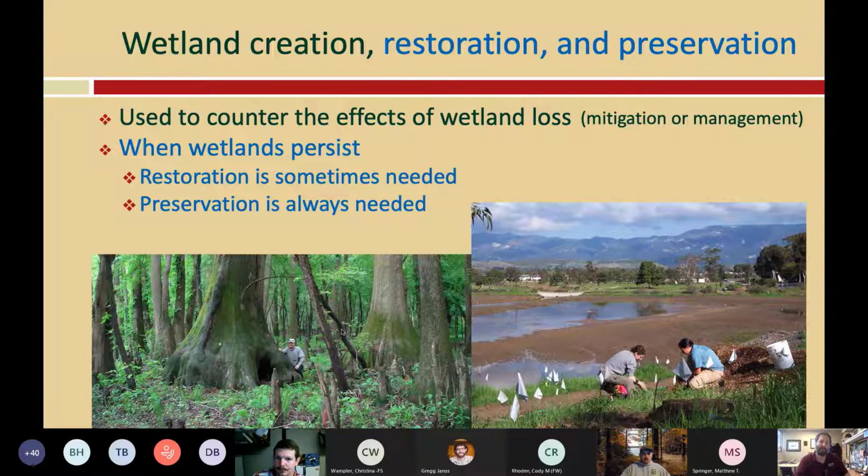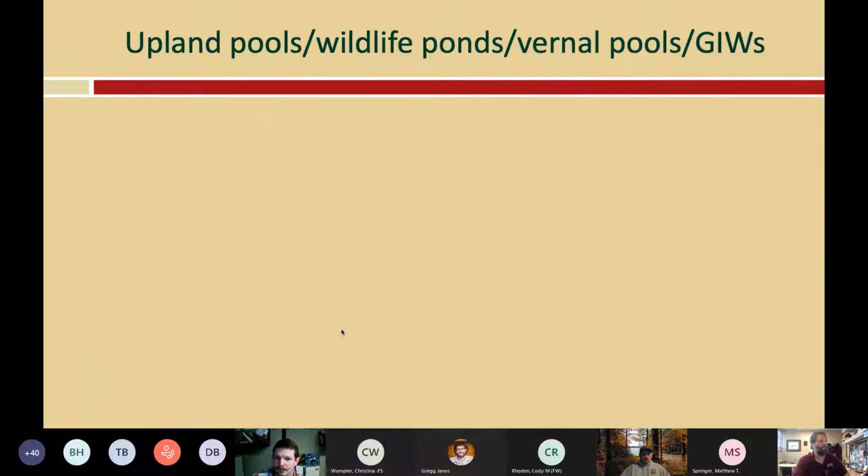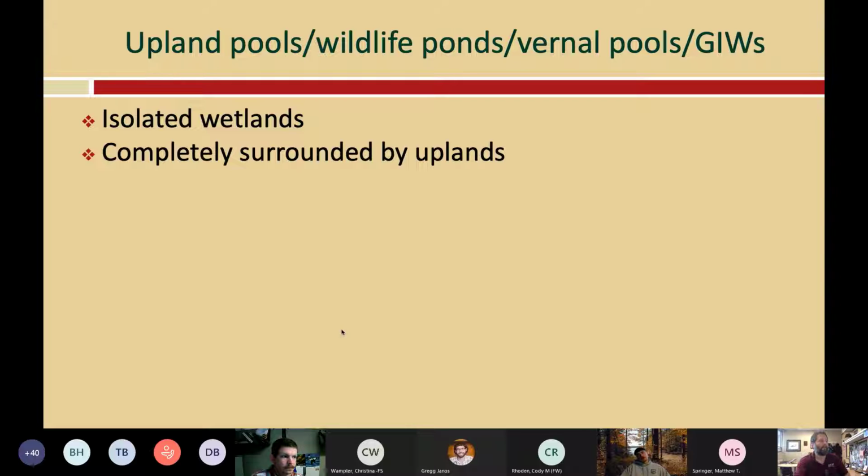I'm going to focus now mostly on the use of constructed wetlands in management, and a little bit about restoration as well. The term upland embedded that I used on my cover slide, I haven't mentioned at all. You've heard these called upland pools, wildlife ponds, vernal pools, geographically isolated wetlands, sometimes just isolated wetlands. And that term is really misleading.